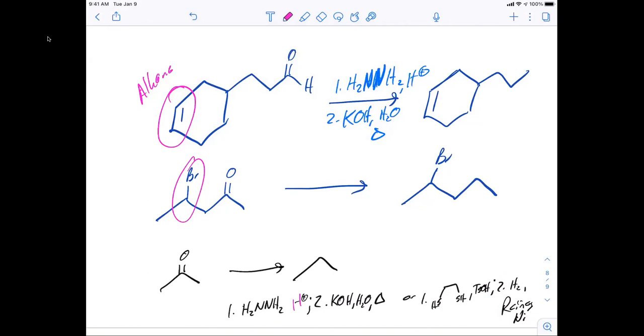So then, therefore, the second one, what we want to use is the thiol, the hydrogen and Raney nickel, right? So we use the thiol reduction.